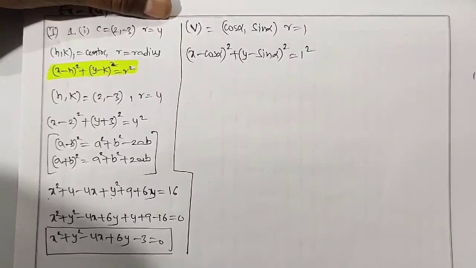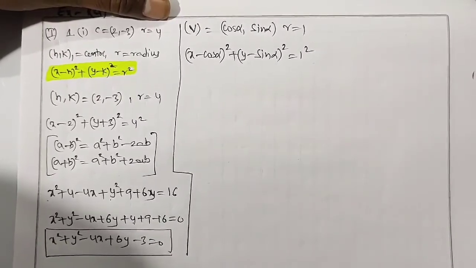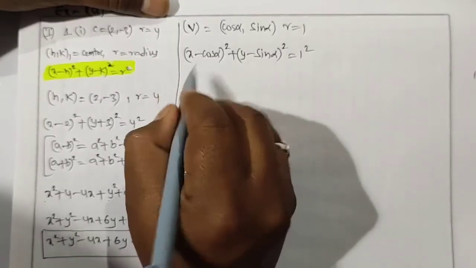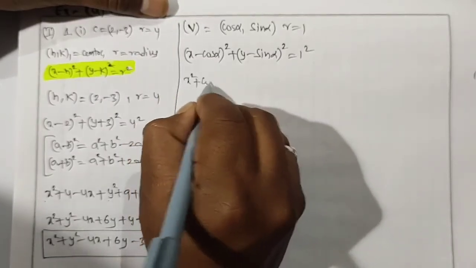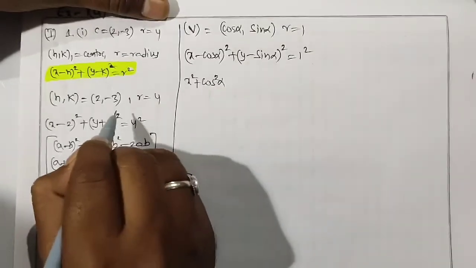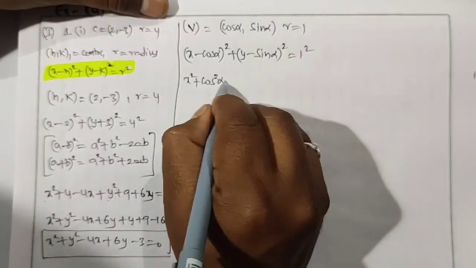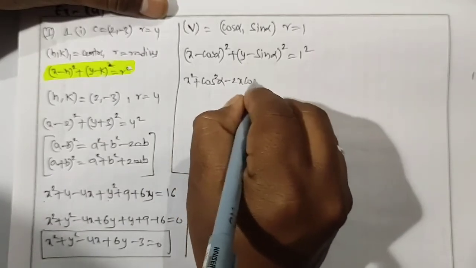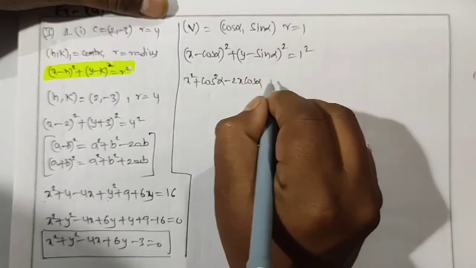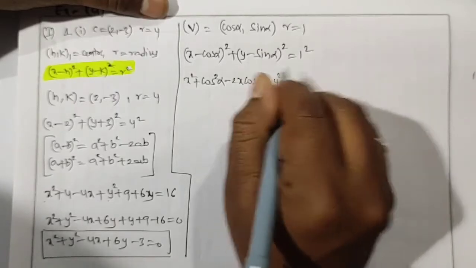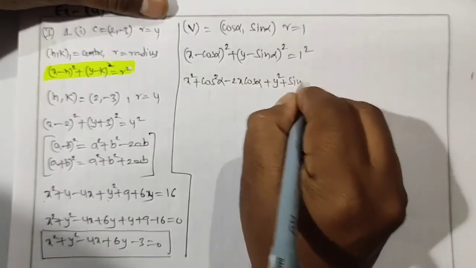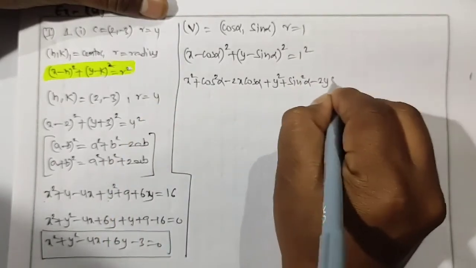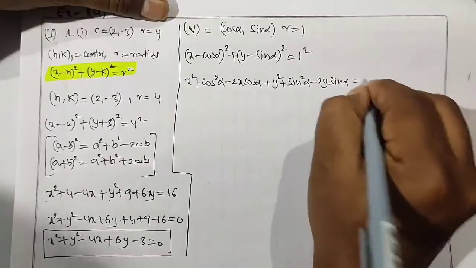So x minus cos alpha gives x square plus cos square alpha minus 2 into x into cos alpha. Then plus y square plus sin square alpha, a square plus b square minus 2ab, meaning minus 2 into y into sin alpha is equal to 1.